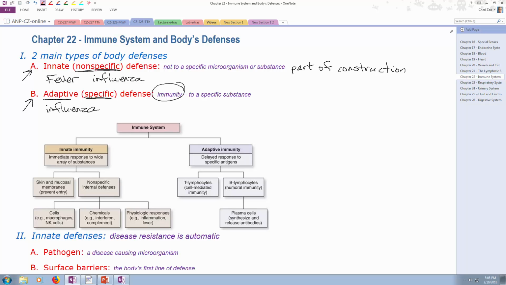And if we want to have a head start on using our immune system to take care of us, we will go to a healthcare provider and get a flu shot, which is a vaccine, which is what I call an early warning system. So vaccines are early warning systems.